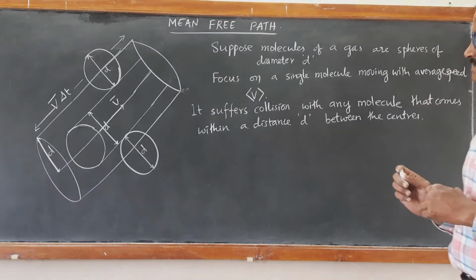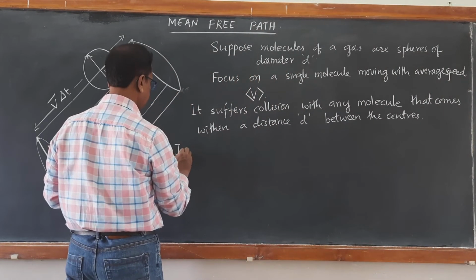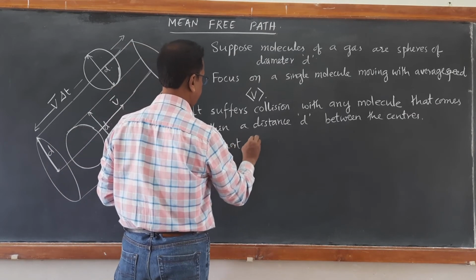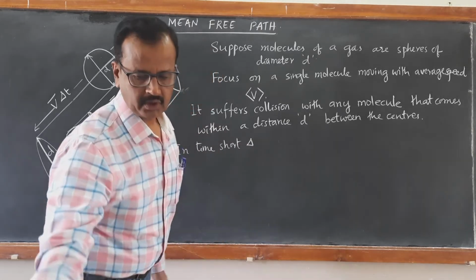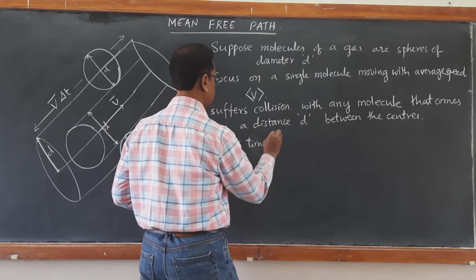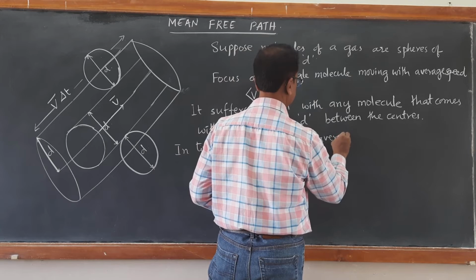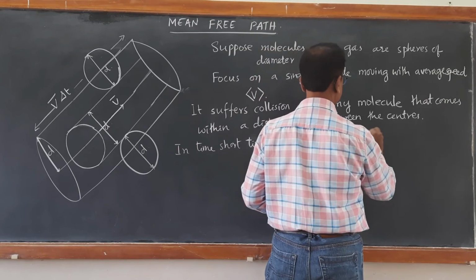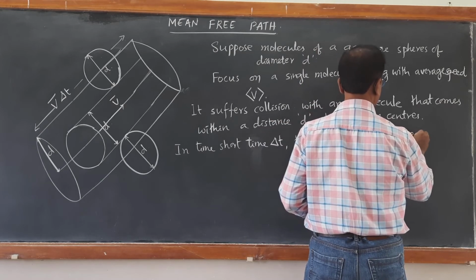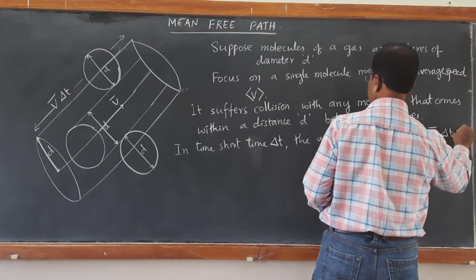The average distance covered in short time delta t is equal to v bar delta t.